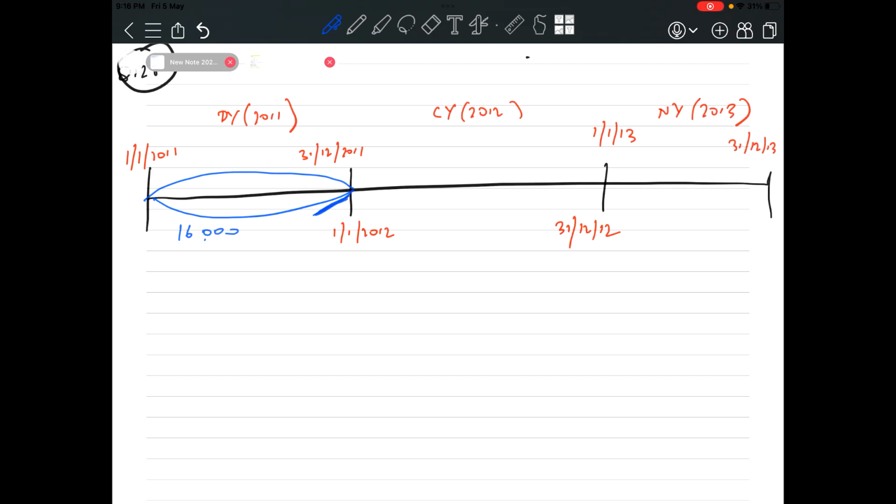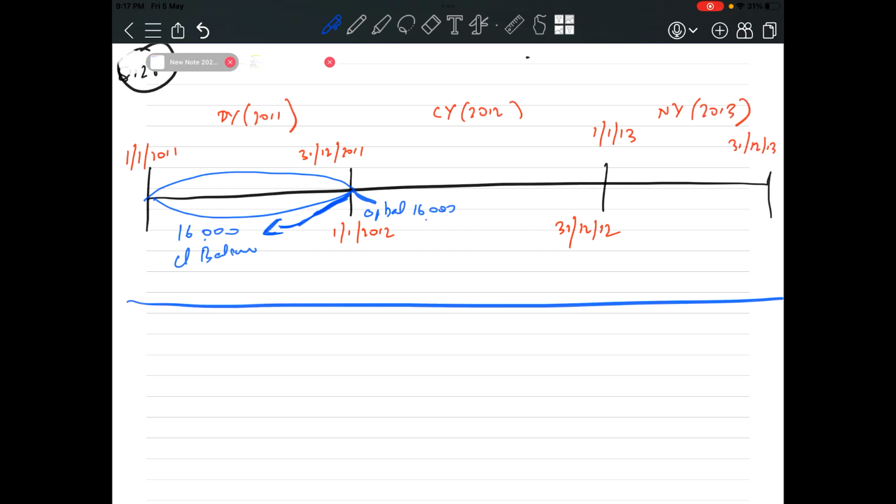So on 31st December, this will be the closing balance of what we should receive. This will be the closing balance of our asset account. In this period, this will be the opening balance again of 16,000, right? Subscription in arrears means it is an asset for us. It is an income for us, so it will have a debit balance. Now we'll again prepare the subscription account.